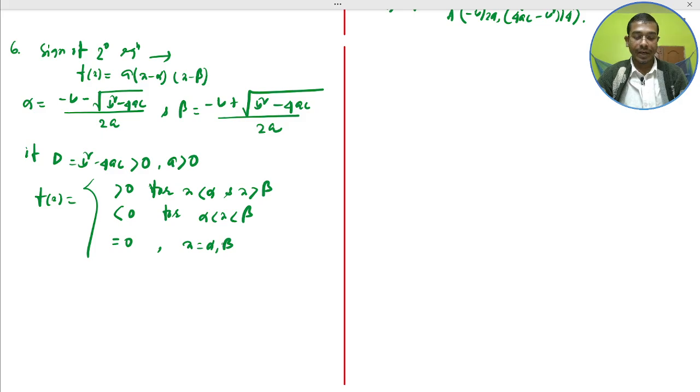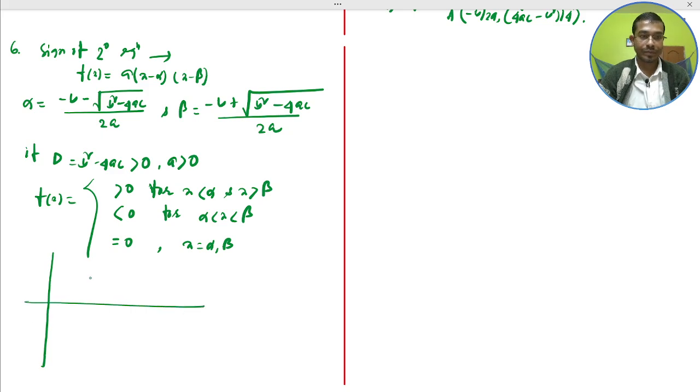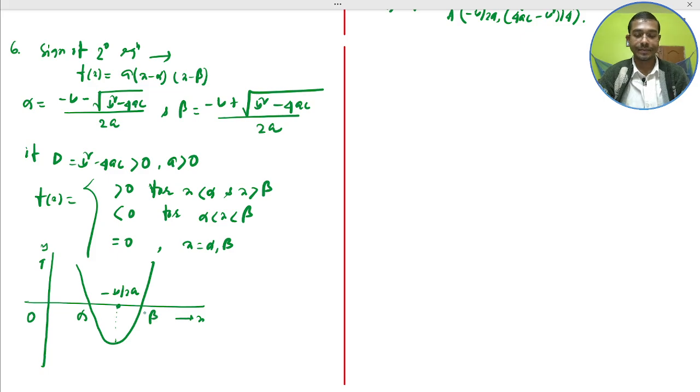So here I just geometrically represent this function. This is x and y. So this is minus b by 2a, and this is one root alpha and another root beta.